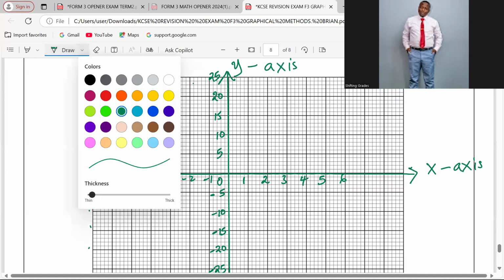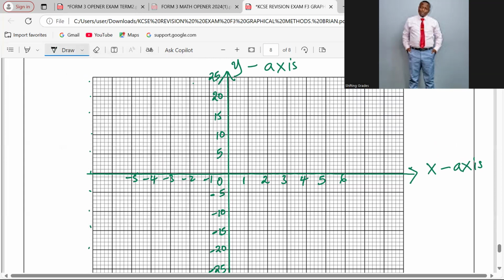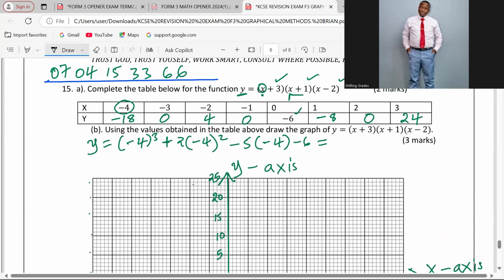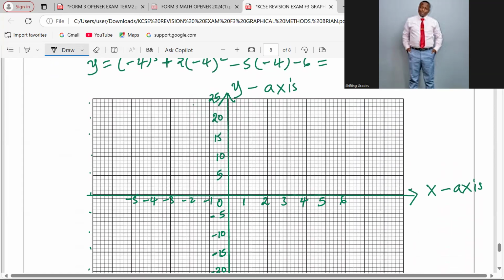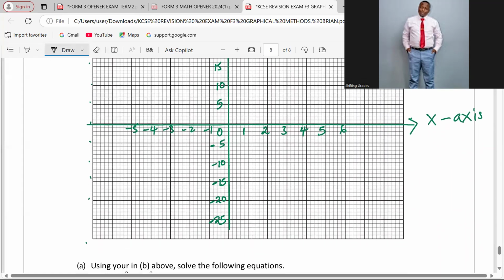I can plot using, let me use even black for the coordinates. The first coordinate is -4, -18. -4 is here, and -18 should be somewhere just before 20. That way. Yeah.